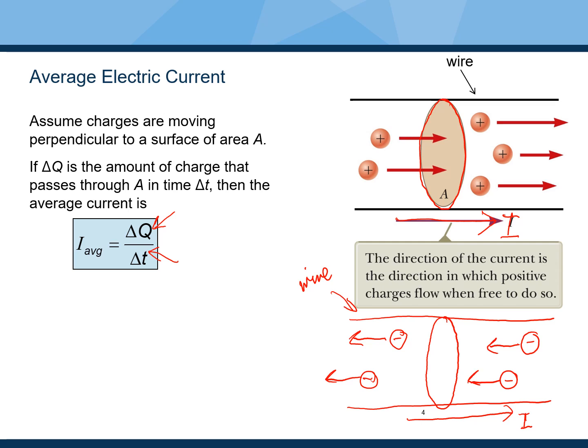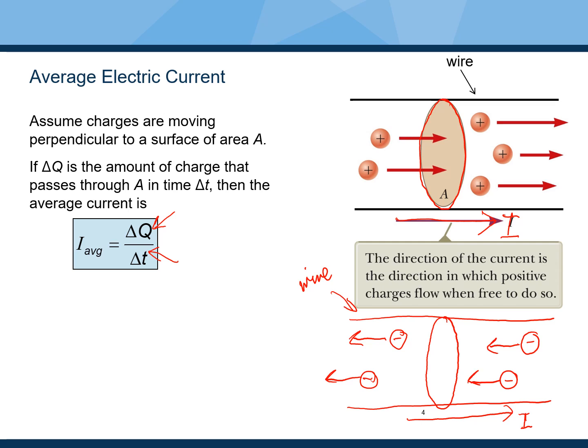So in many situations, imagining positive charges moving in a wire in one direction is entirely equivalent to imagining negative charges in the wire that are drifting in the opposite direction.